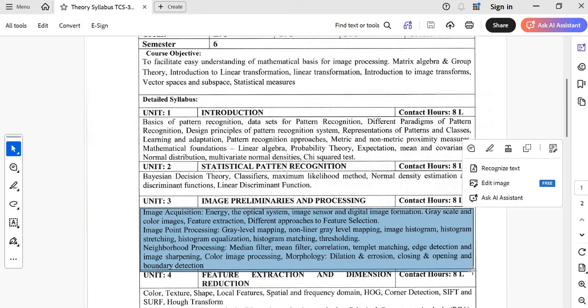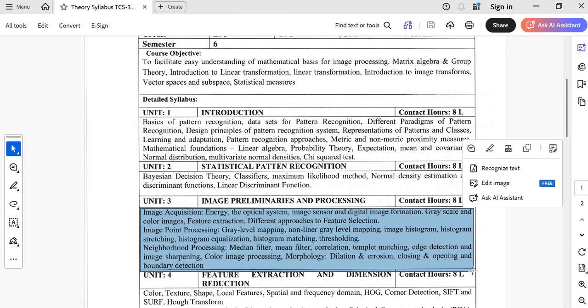Number 2, optical system, image sensors, digital image formation, grayscale and color images, feature extraction, feature selection, gray level mapping, histogram processing, histogram equalization, and histogram matching. You can combine these three topics.